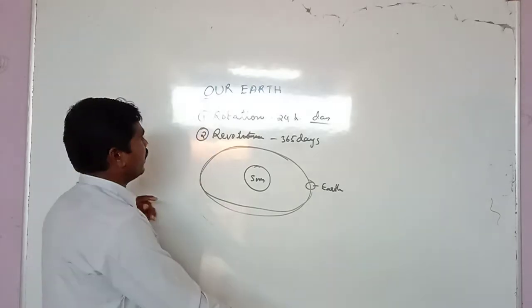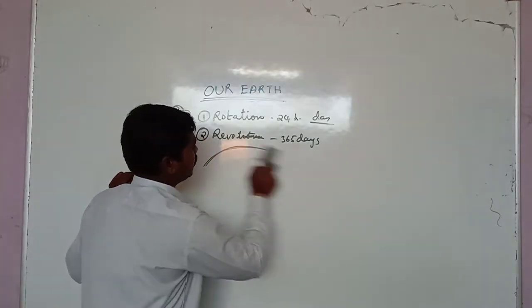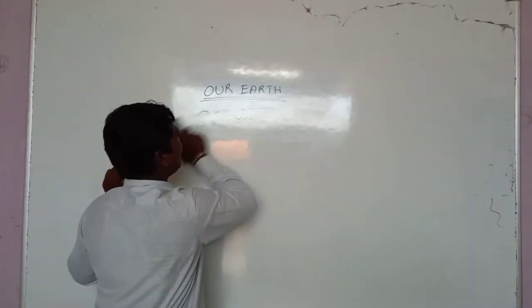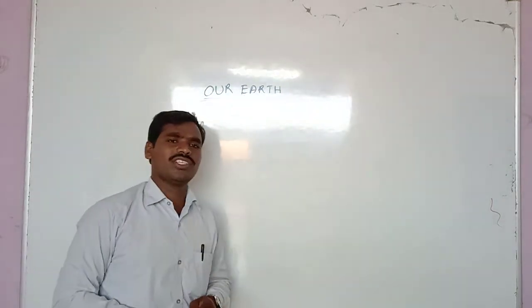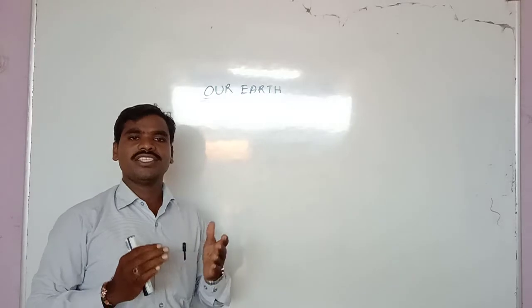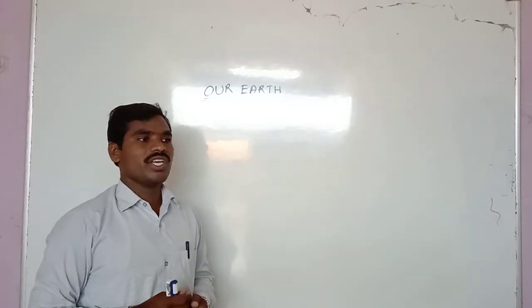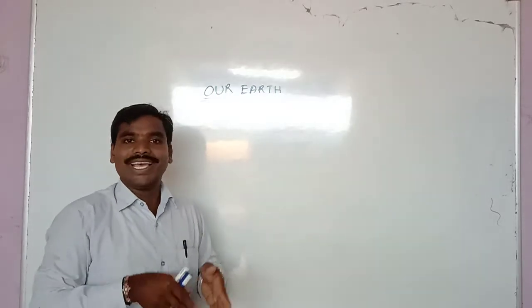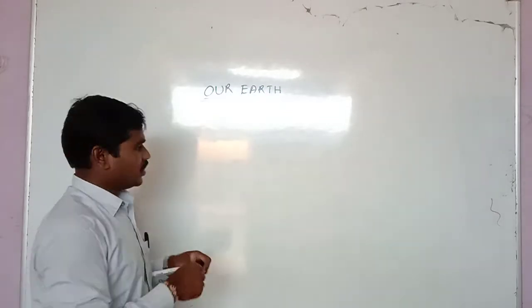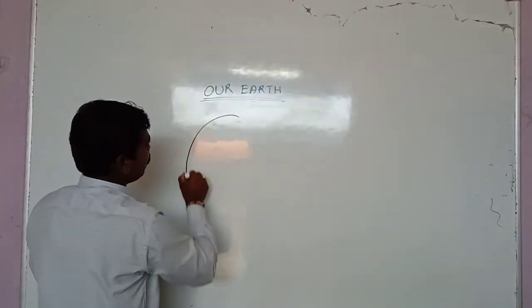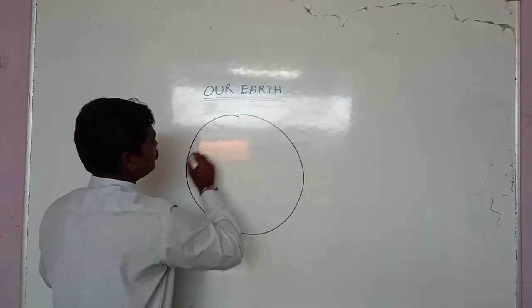Okay. Next, we are going to discuss the structure of the earth. Generally, what is the structure of the earth? It is a spherical shape. But if we go deep into the ground of the earth, it is different.